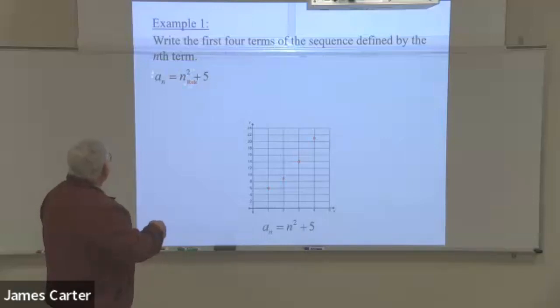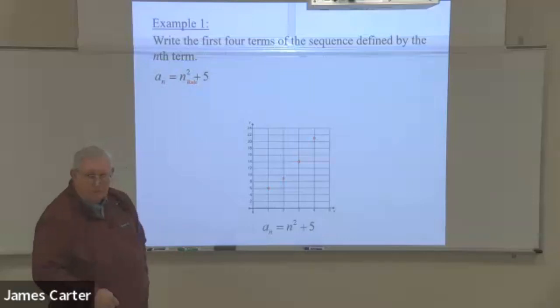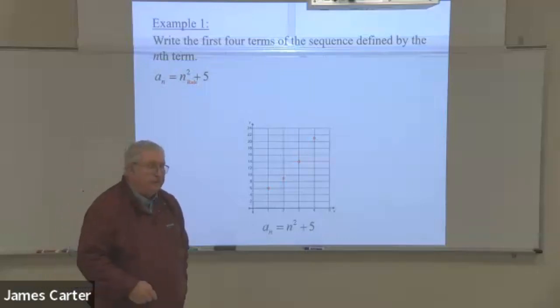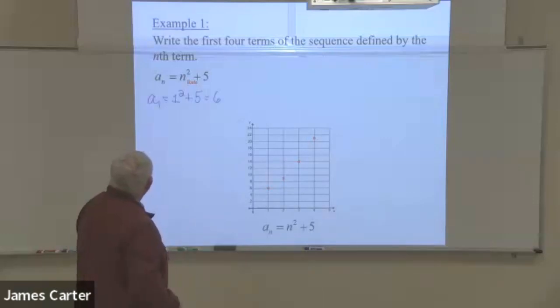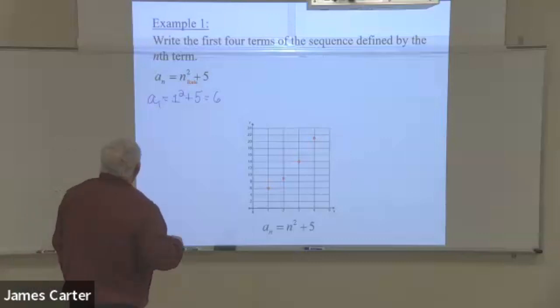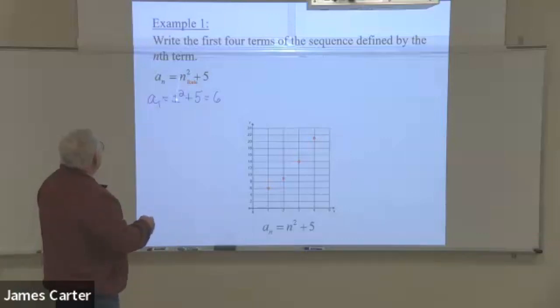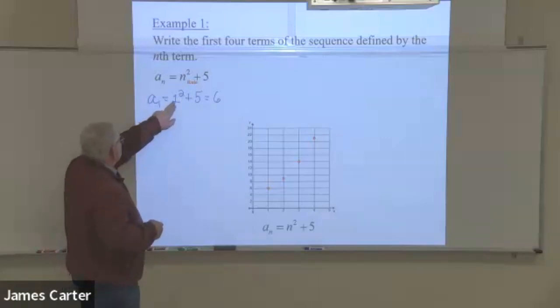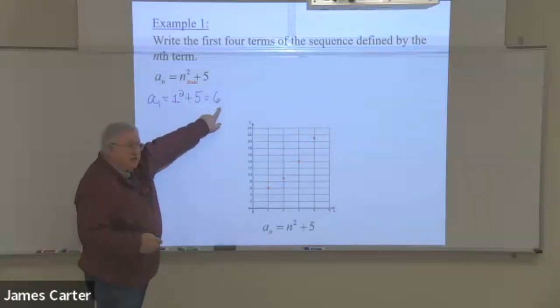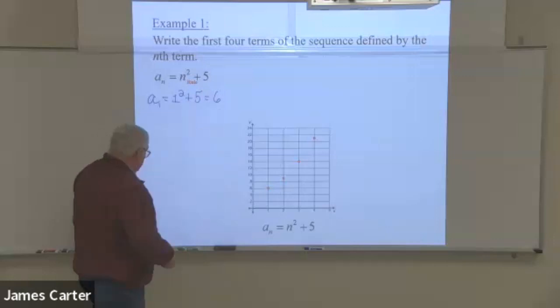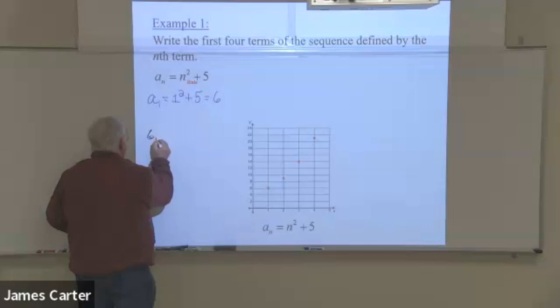That is a rule associated with this. Now, in this case, first for the first term, the value of the first term is going to be 1 squared plus the 5, which gives you 6. So that means in this particular sequence, our first term is going to be 6.